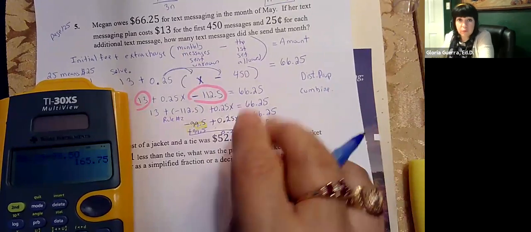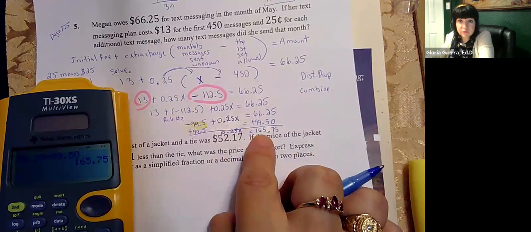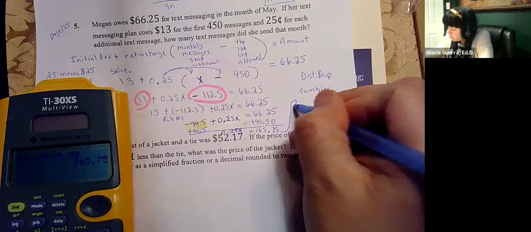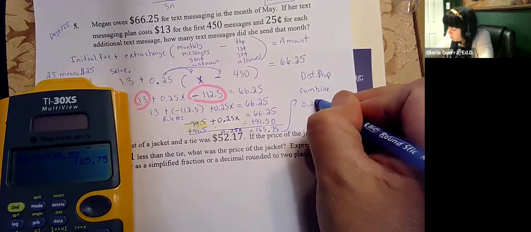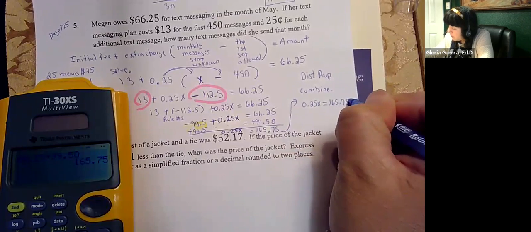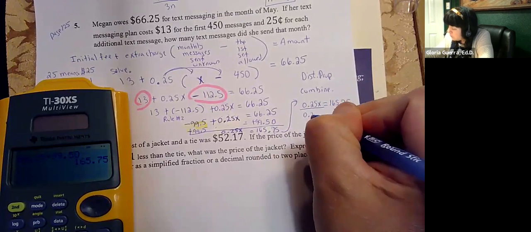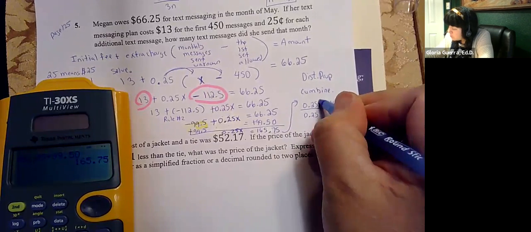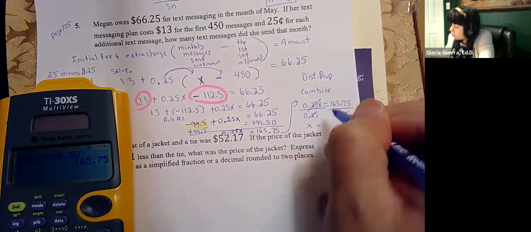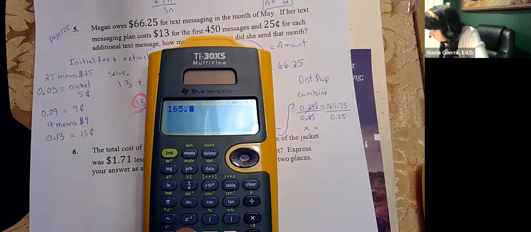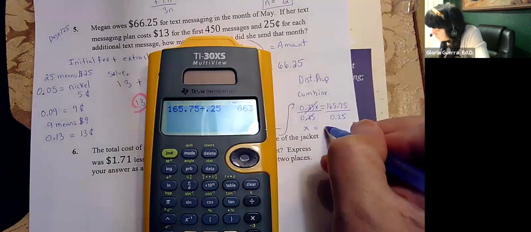Okay, so you have 0.25x equals 165.75. So we come back over here. I'm going to divide both sides by 0.25, no x, just 0.25. 165.75 divided by 0.25 is 663.